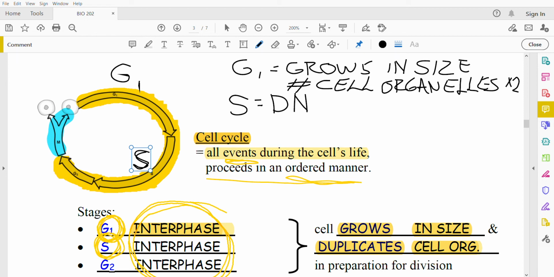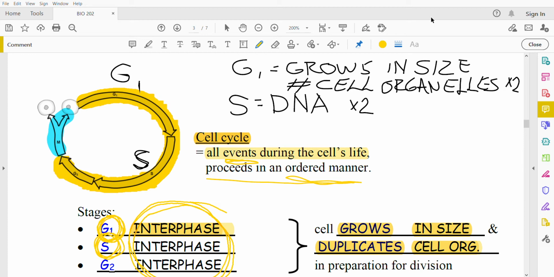So we make sure that the cell has double the DNA within it at the end of S interphase. And this is again in preparation for the cell later dividing. We want to make sure that there's twice the DNA so that each resulting daughter cell will have a full set of DNA.